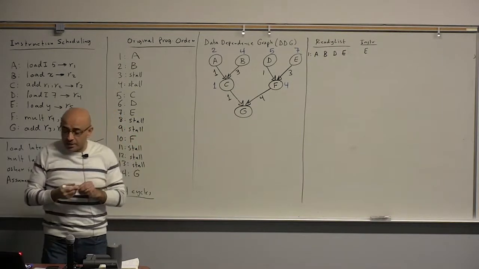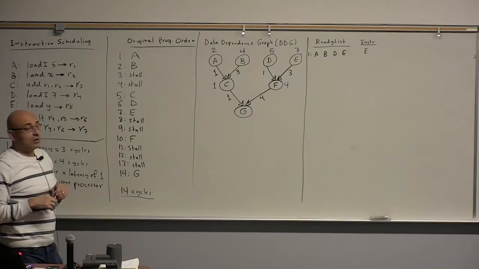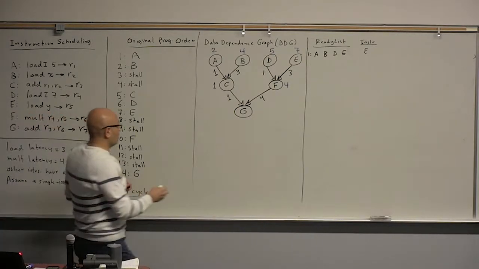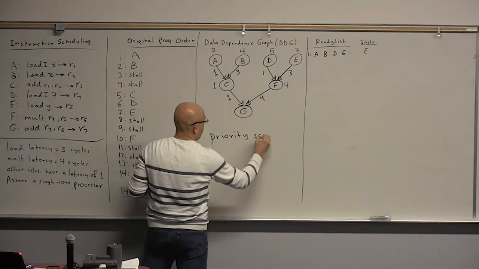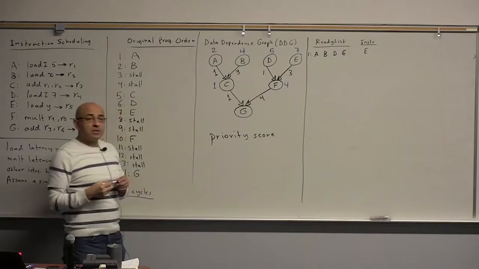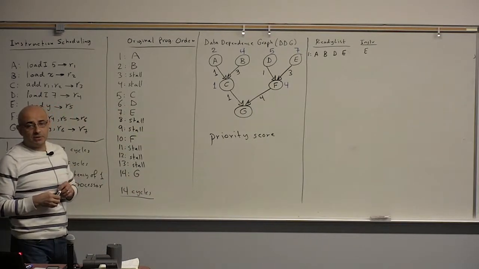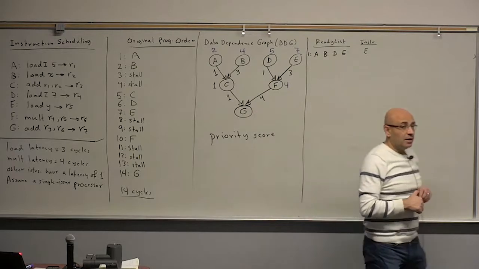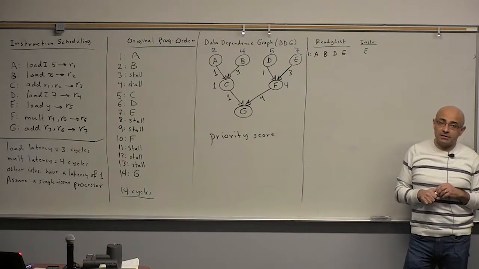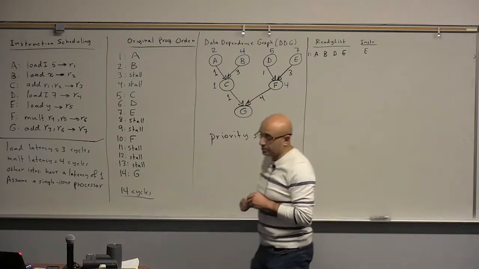So now we are using the critical path as a priority scheme. Of course, critical path is not the only priority scheme used in scheduling, but it's one of the typical priority schemes, and it usually gives you very good results in terms of the number of cycles needed to execute an instruction stream.